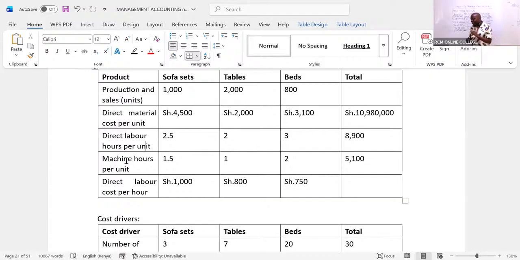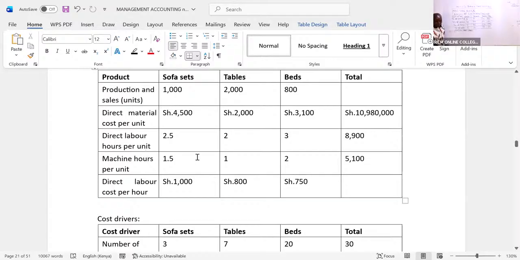So whenever you hear per unit, always know that they want you to multiply the numbers given there with the volumes. So they give me the total machine hours. The first one will be 1.5 machine hours, but because that is for 1 unit, times what here, somebody? 1,000.